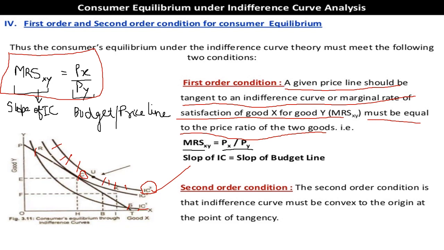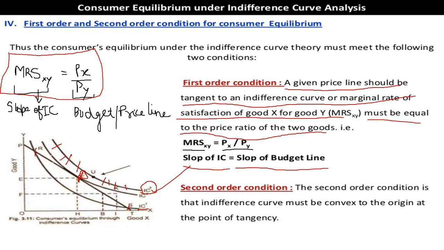So the point C is tangent to the budget line. That means the combination at point C offers the maximum level of satisfaction, and that combination is affordable with the given income. So first condition is satisfied: slope of IC is equal to slope of budget line.